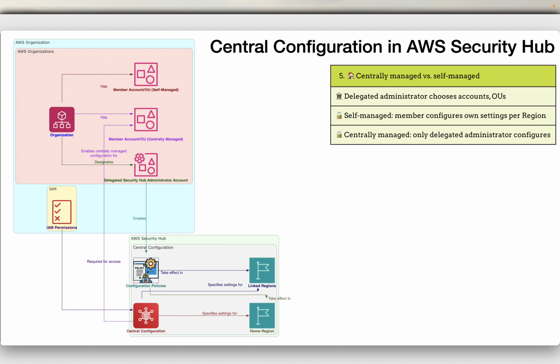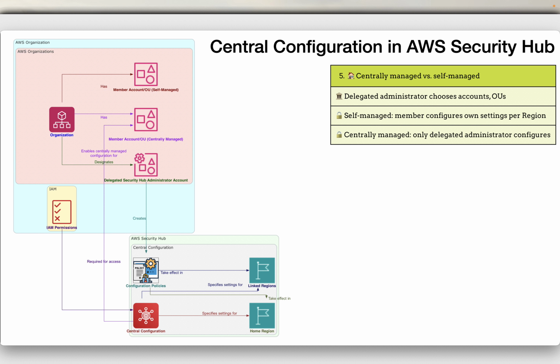The delegated administrator can choose which AWS accounts and organizational units to configure. If designated as self-managed, the member can configure its own settings separately in each region. If designated as centrally managed, only the delegated administrator can configure the member account or OU across regions.